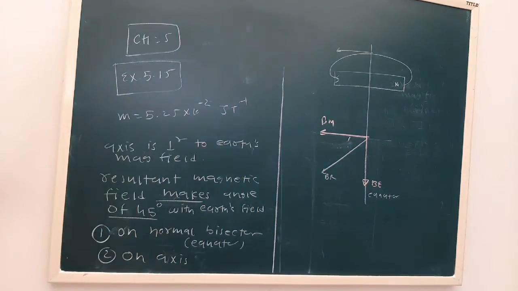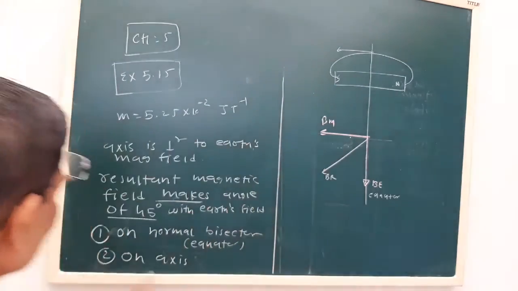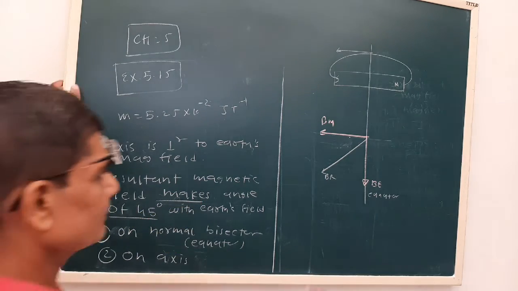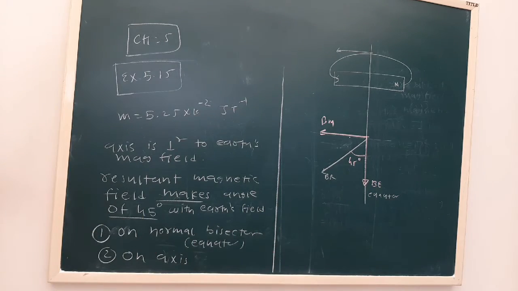BR is the net magnetic field. See, the question says that the resultant magnetic field makes an angle of 45 degree with the Earth's magnetic field. See, this angle is 45.